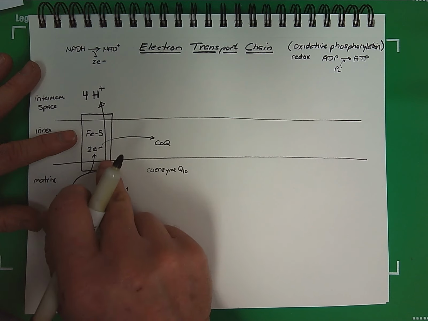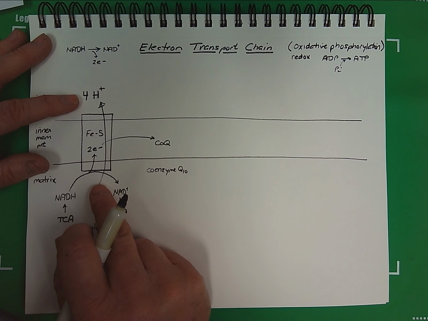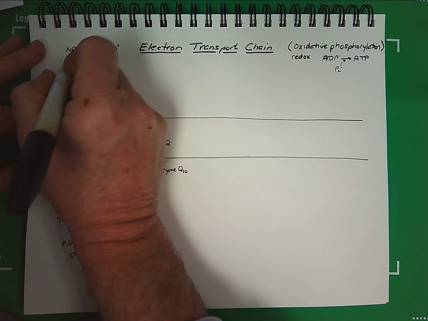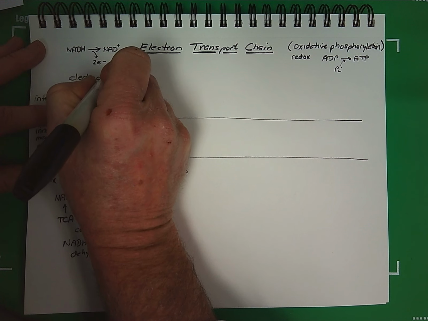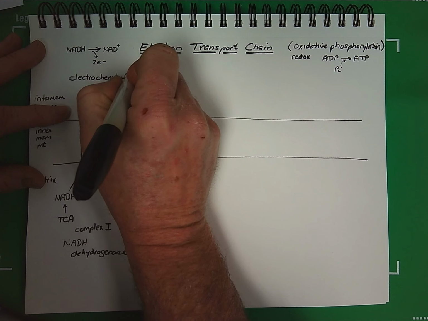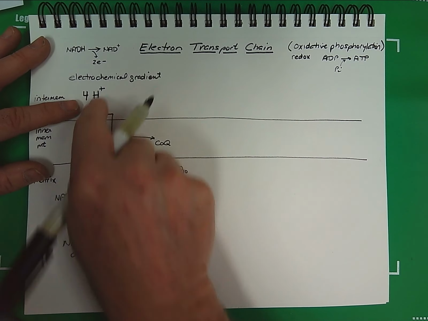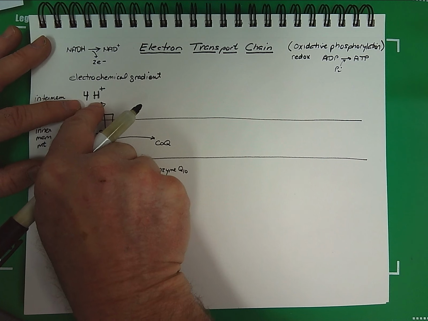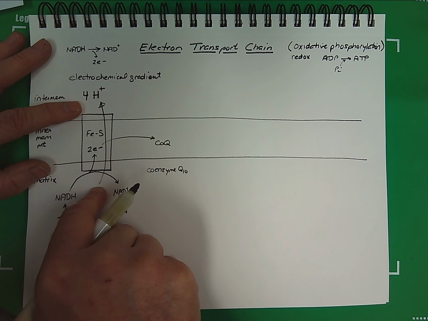So on this very first step, we can see that we're separating protons and creating what is called an electrochemical gradient. The gradient is because we have a higher concentration of protons in the intermembrane space than we do in the matrix.